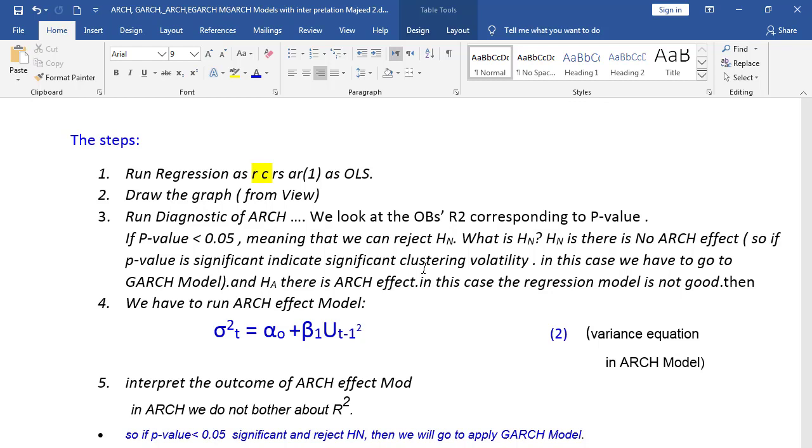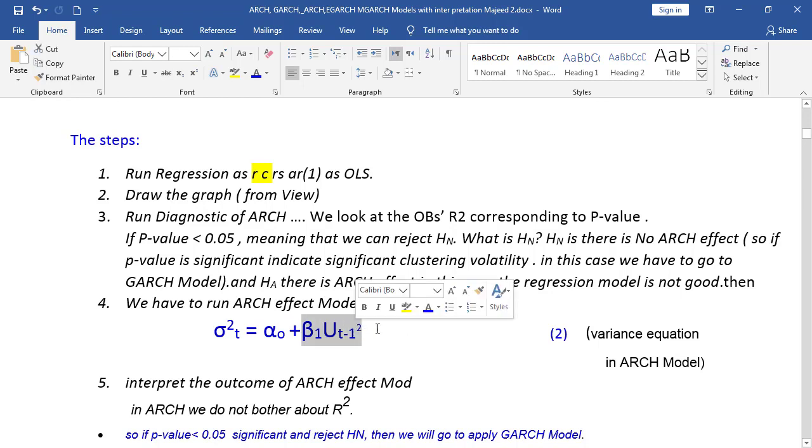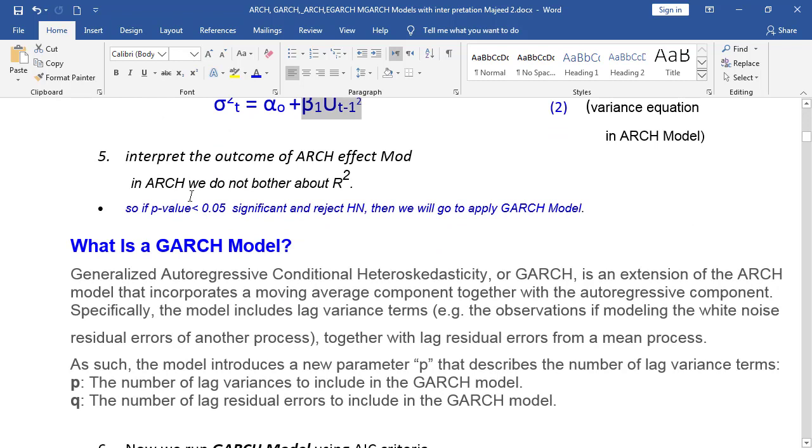Then we have to run the ARCH effect model, and this is the equation or the model: the variance at present time, an intercept, which is the mean, and the residual lag 1 period squared, which is the variance equation in the ARCH model. Then we have to interpret the ARCH effect model.